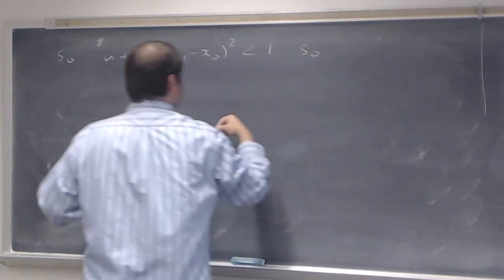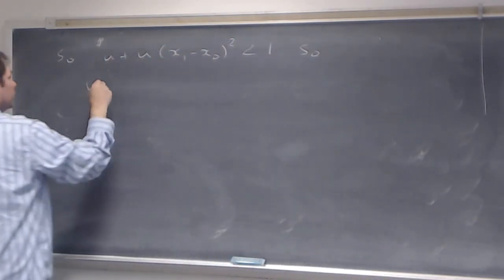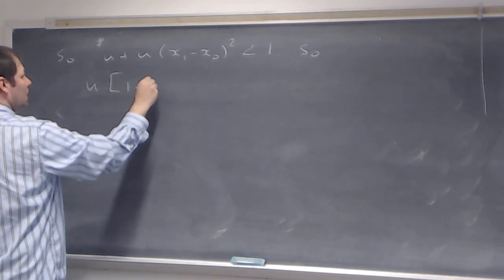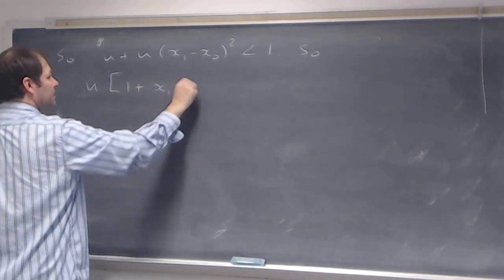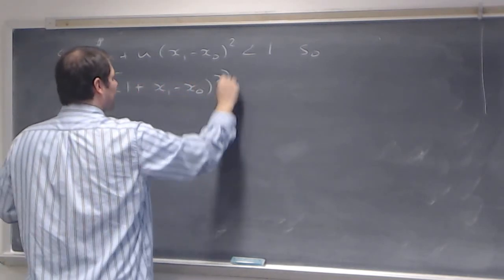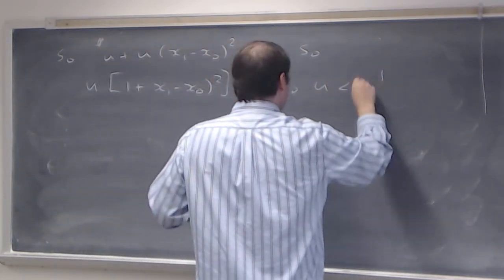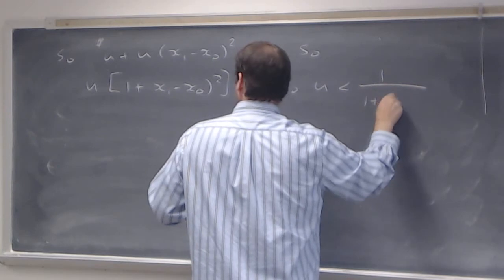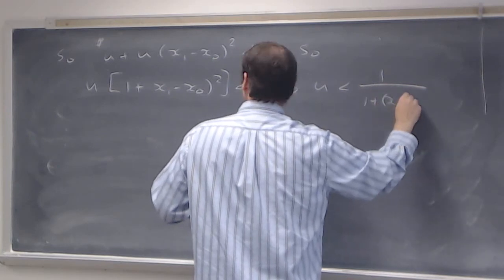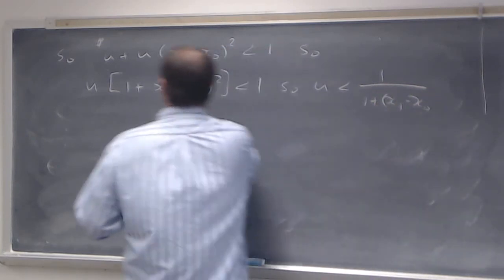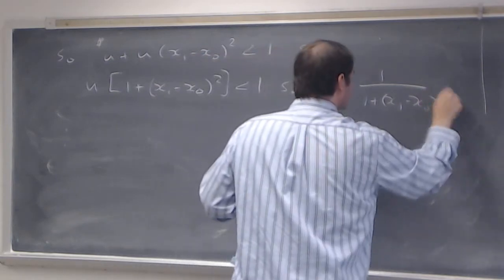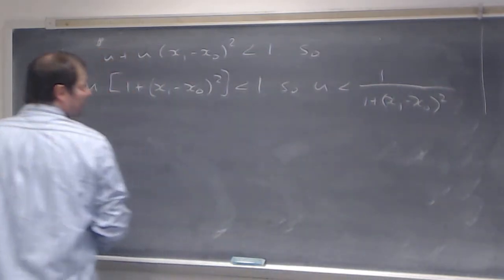So that says, factoring out u, that u times the quantity 1 plus x1 minus x naught squared is less than 1. So that says that u is less than 1 over 1 plus the quantity x1 minus x naught, oops, this should need parentheses here, squared. Okay.